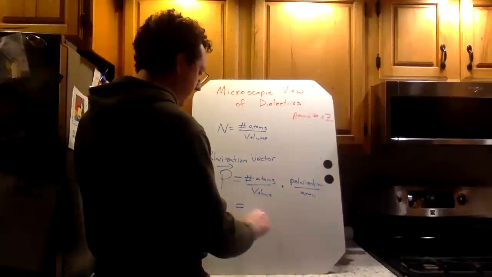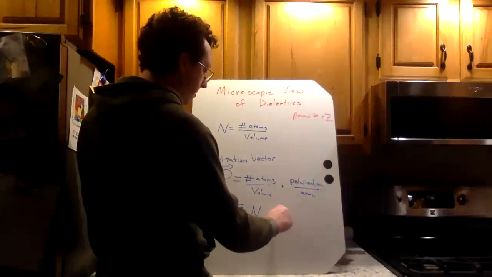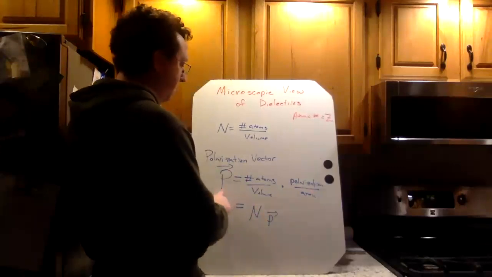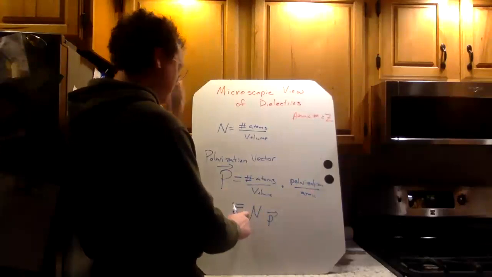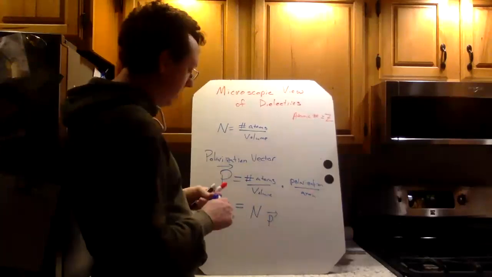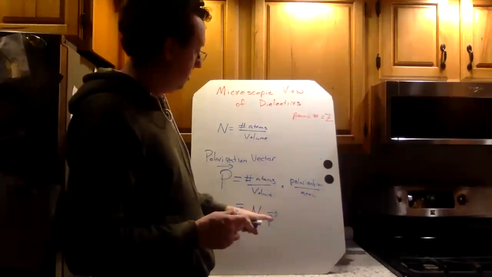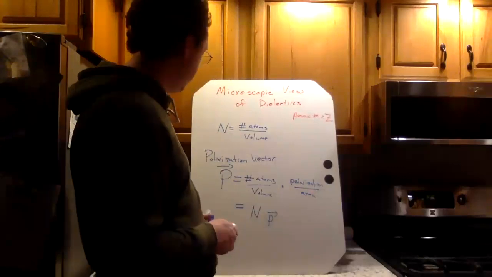This is nothing other than N times the dipole moment vector, the lowercase p. So capital P is the number of atoms per unit volume times the polarization per atom, which is the dipole moment vector. Okay, so that's kind of a useful quantity to define.